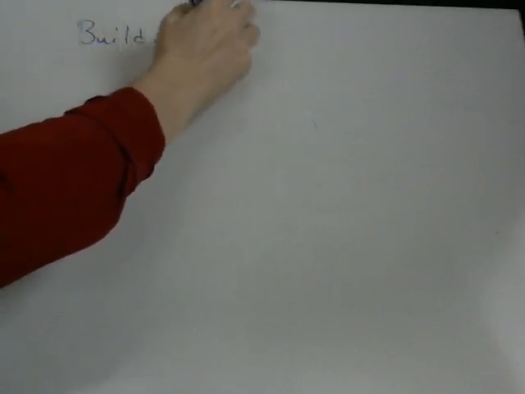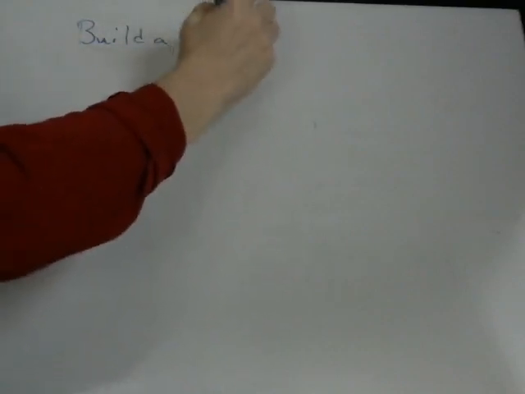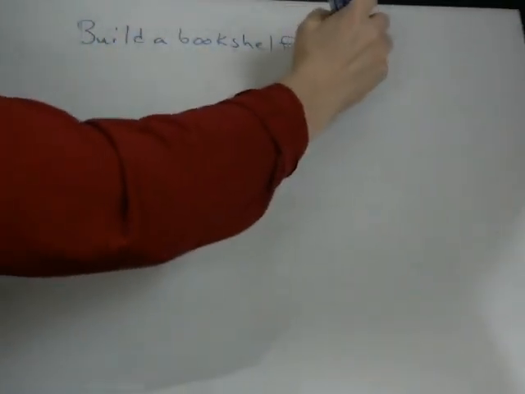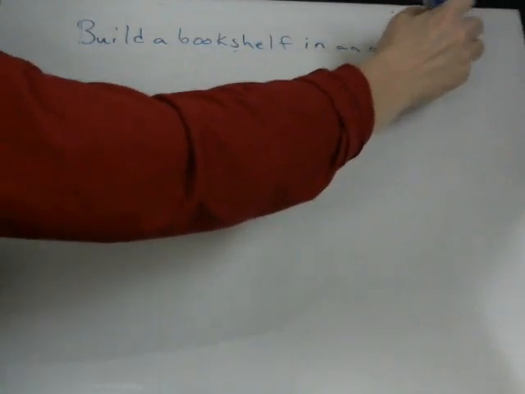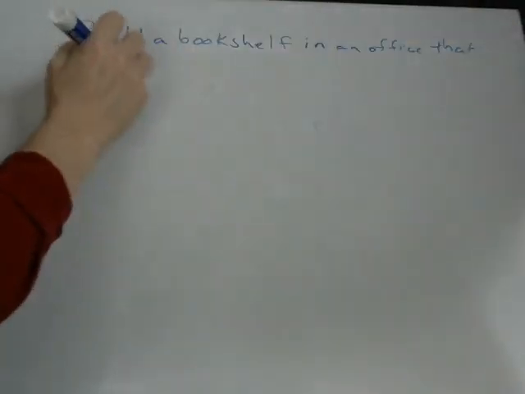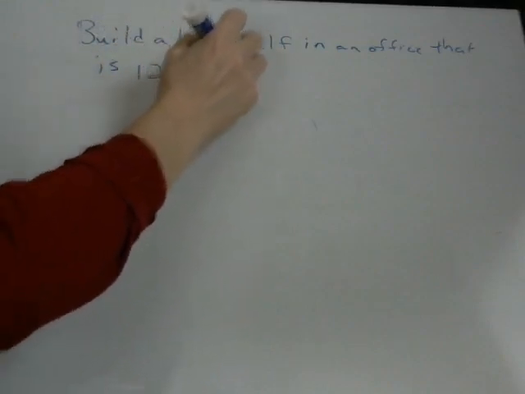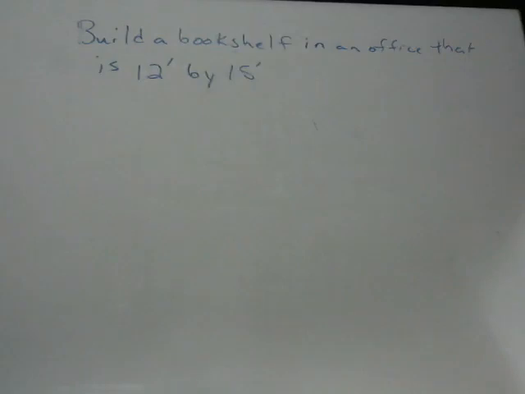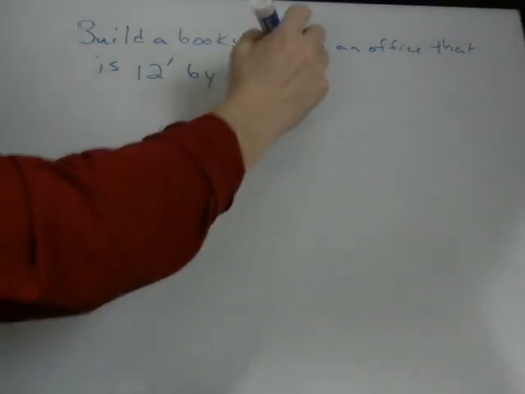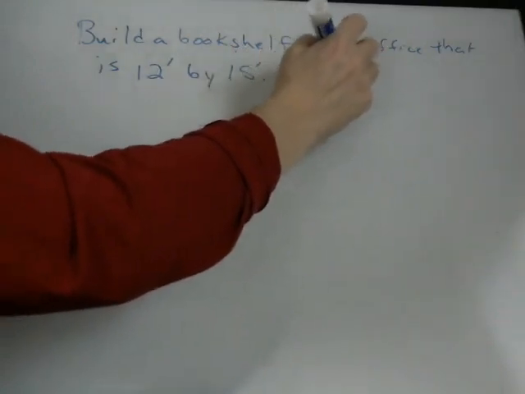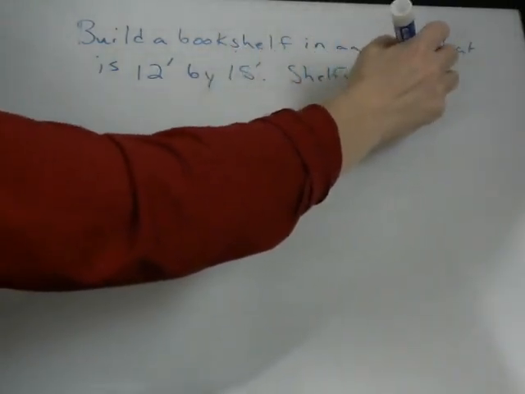So here we're going to say that someone wants to build a bookshelf in an office that is 12 feet by 15 feet. The shelf will go along the entire wall.